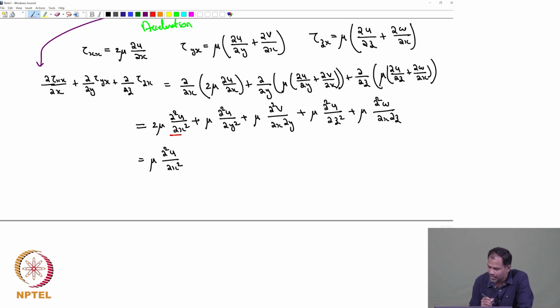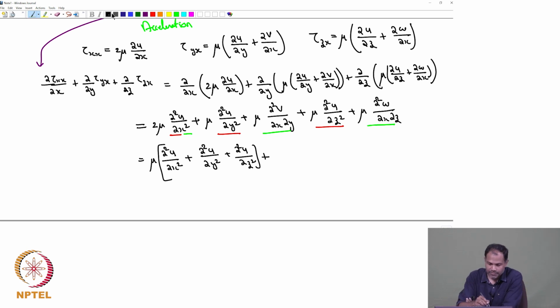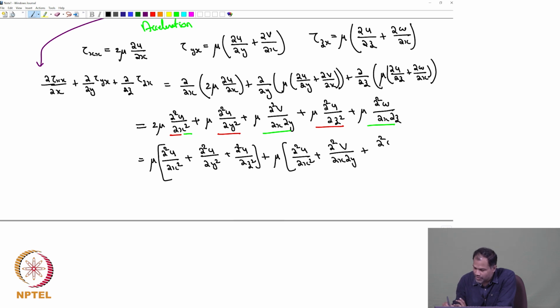I am going to take half of that, I will write this and that together: μ times (∂²u/∂x² + ∂²u/∂y² + ∂²u/∂z²), and then the other quantities, which is half of that, this and this put together: μ times (∂²u/∂x² + ∂²v/∂x∂y + ∂²w/∂x∂z).